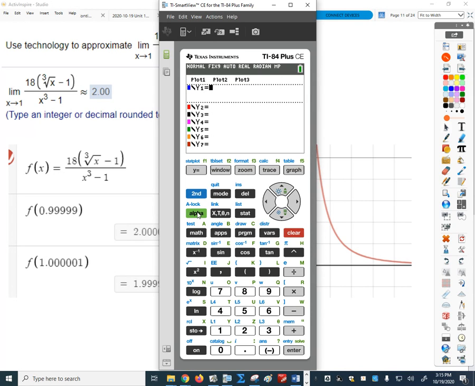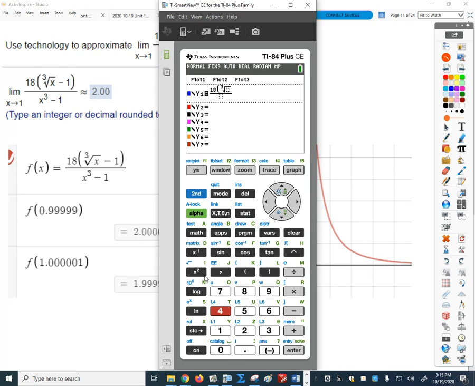So I'm going to use my alpha F1, use my fraction template. So I've got 18 times the quantity, cube root, and where do I get my nth root? I could just do a power of 1/3, or if I go math, there's a cube root right there, number 4. We'll just use a cube root.